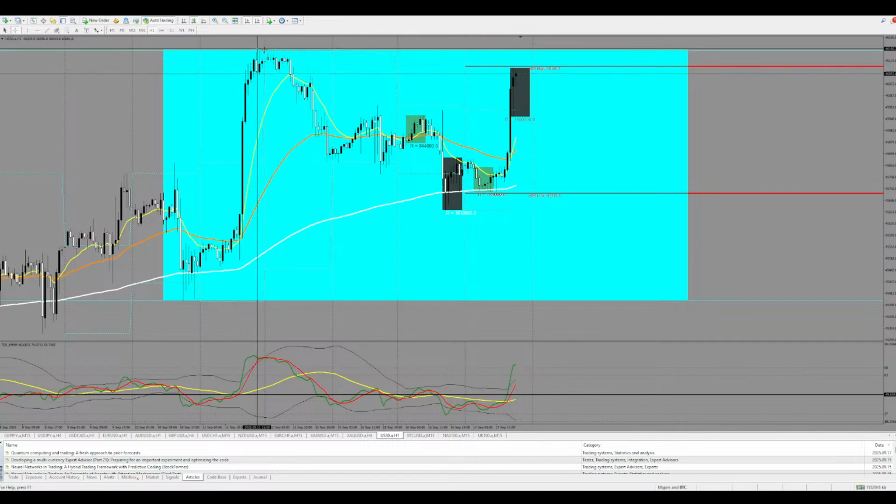Because remember, we said the point above here, which is the top of the rectangle, marks the top of the price right here. So this is the last higher high. So if price comes and breaks this, then the signal there will be absolutely bullish, right?